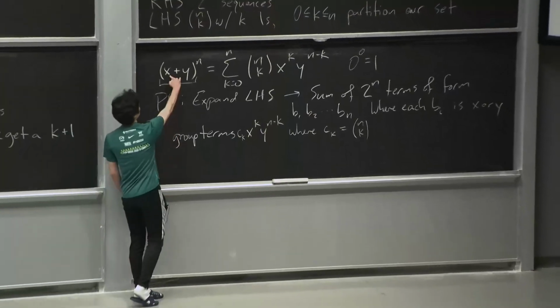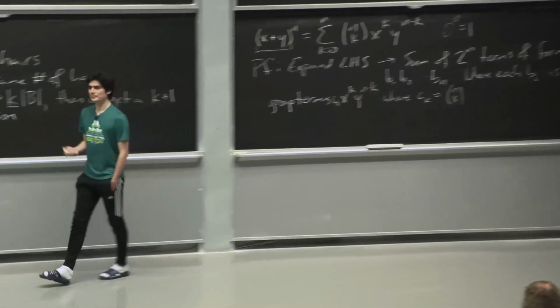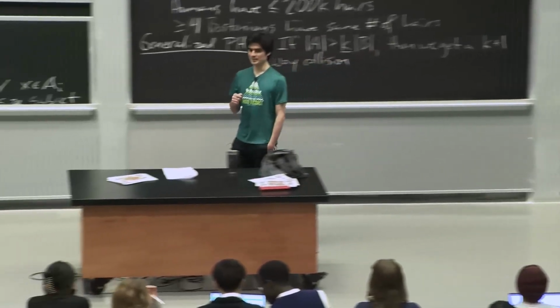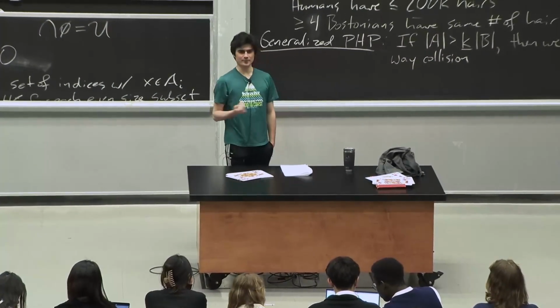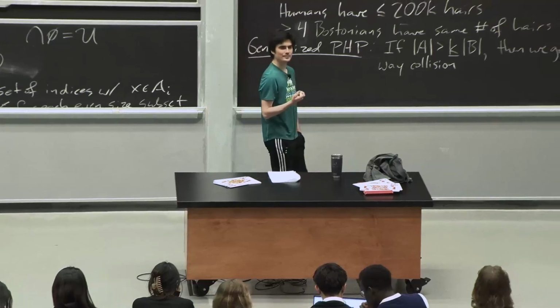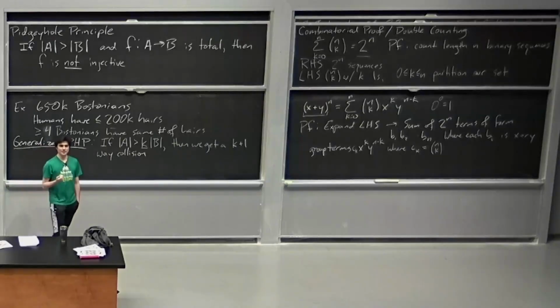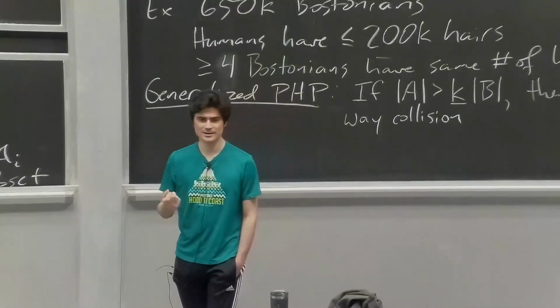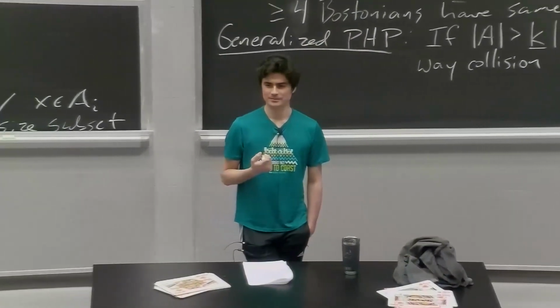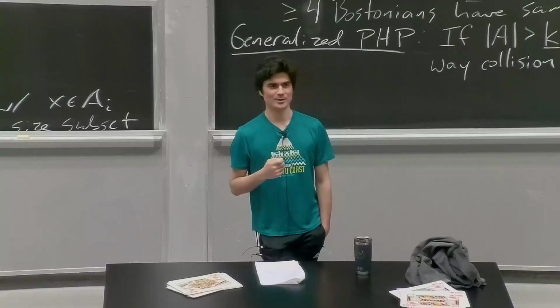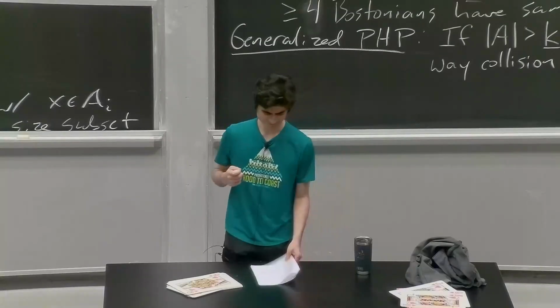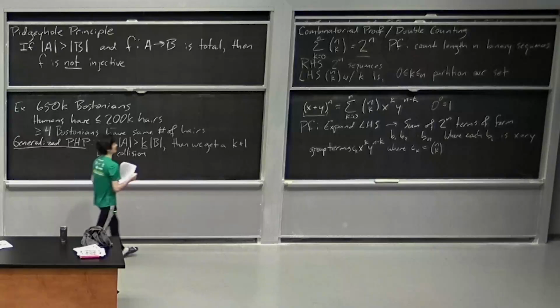So if we specifically put in x and y both equal to 1, then we recover what we had originally. You may also have encountered a form of this theorem where y equals 1. Have people seen that before? Like 1 plus x to the n? Possibly, maybe not. Okay.